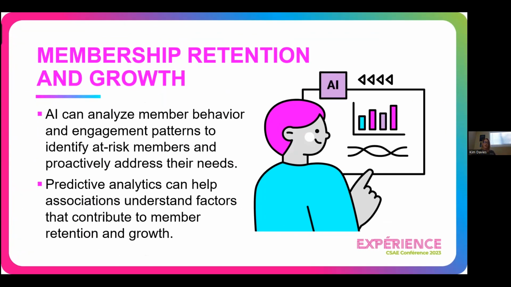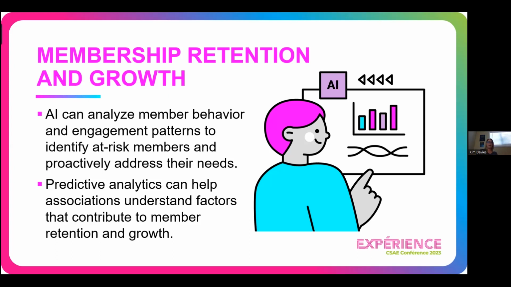We just touched on this, but membership retention and growth. Being able to utilize AI to identify at-risk members is going to be a good strategy to implement, because it's going to reduce your membership churn and the costs associated with that.